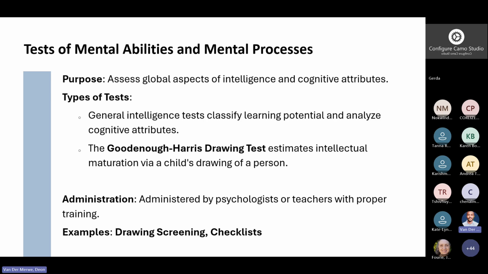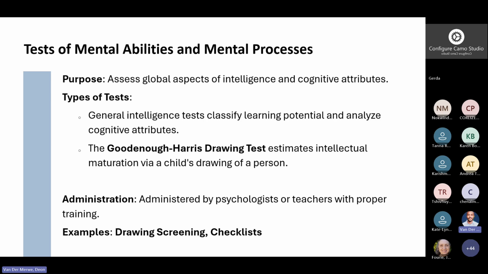Now, in terms of the SNAR document that you are expected to engage with and make use of, and which is part of the formal standardized tests in the assessment process, we have the test of mental abilities and mental processes that is part of the process.